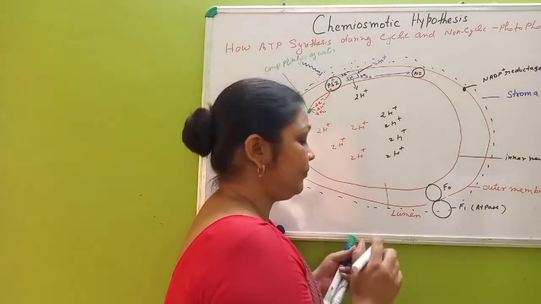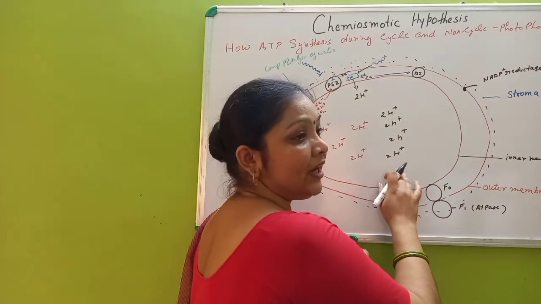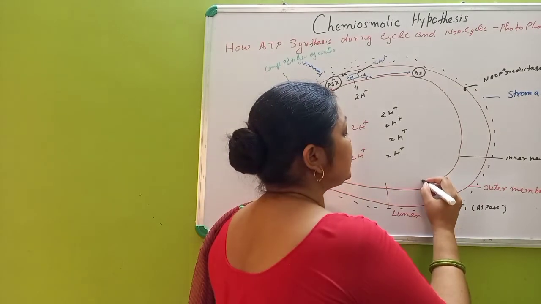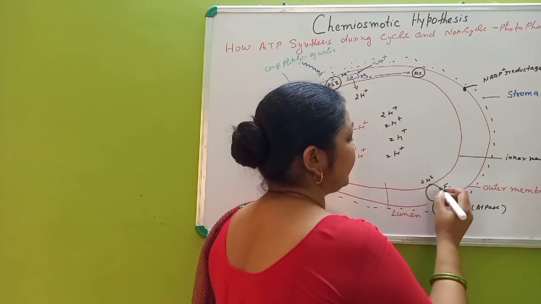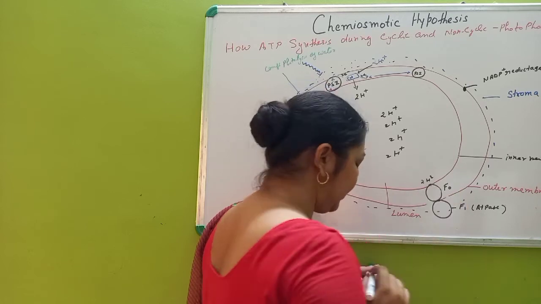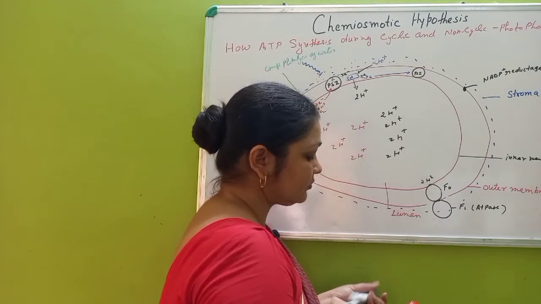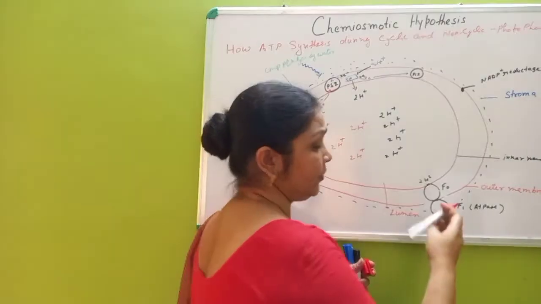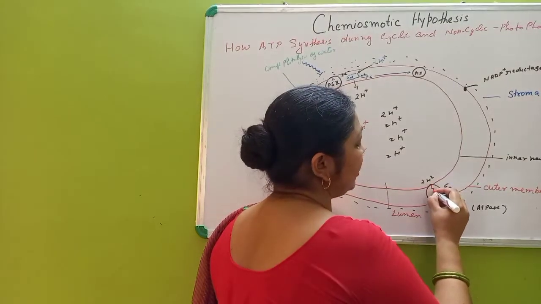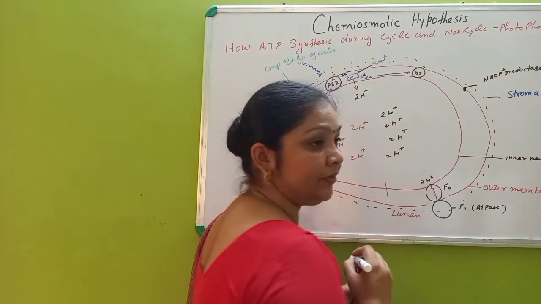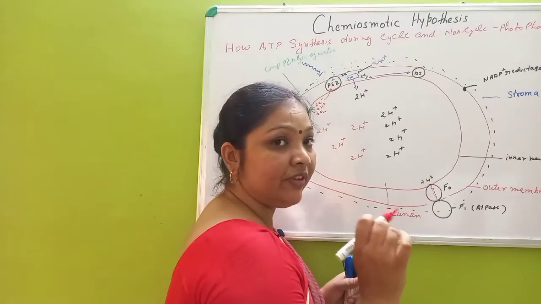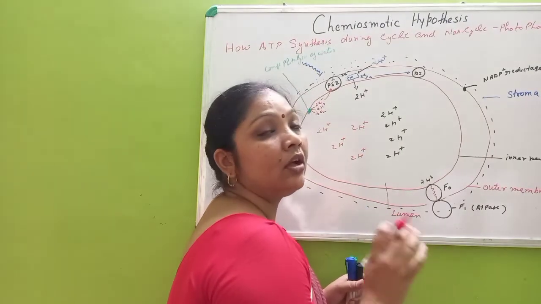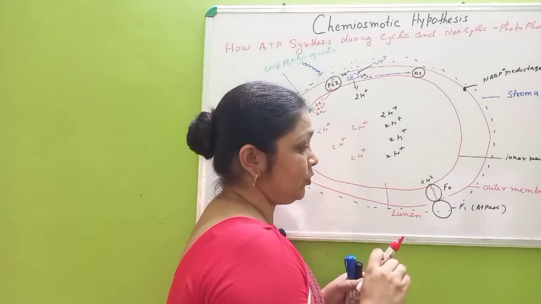So what happened? These have high energy, so these protons will come here and they will enter with the energy into F1. I am showing it as a wavy line, that will show you the energy of the proton.